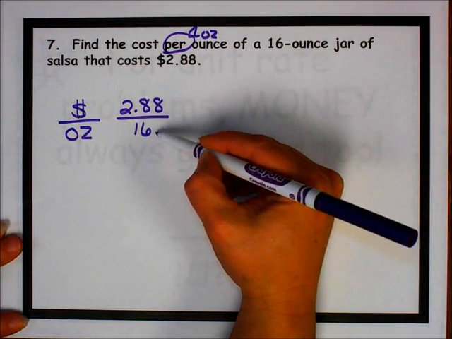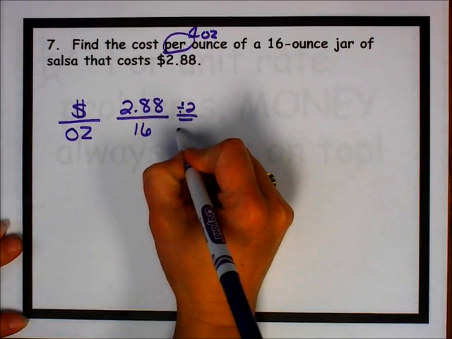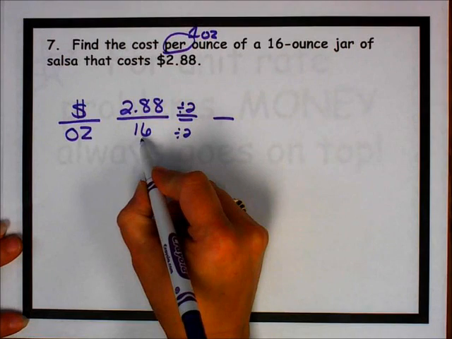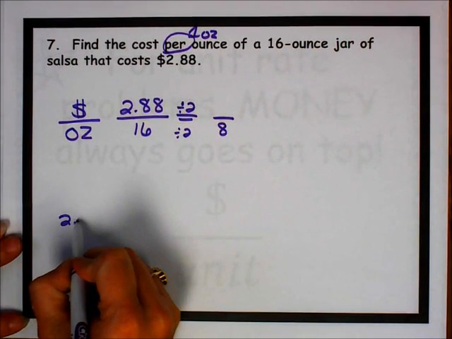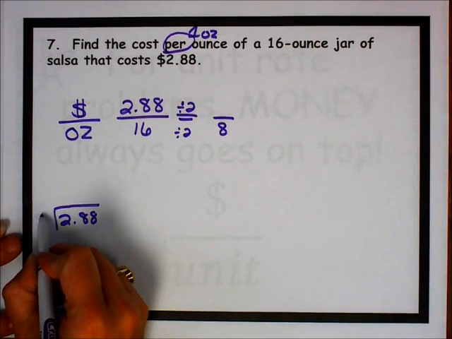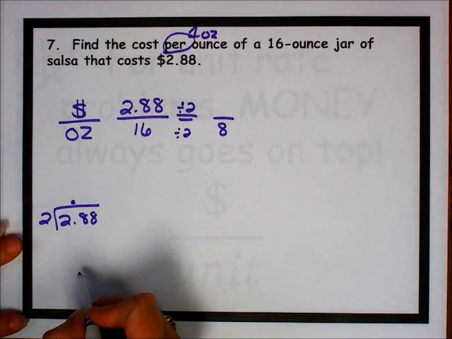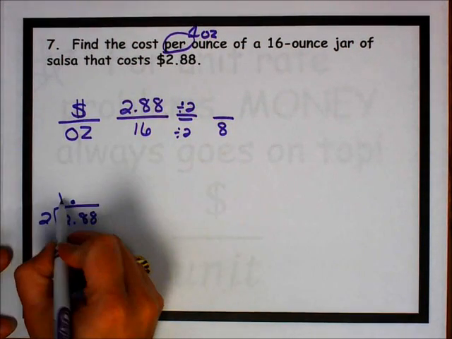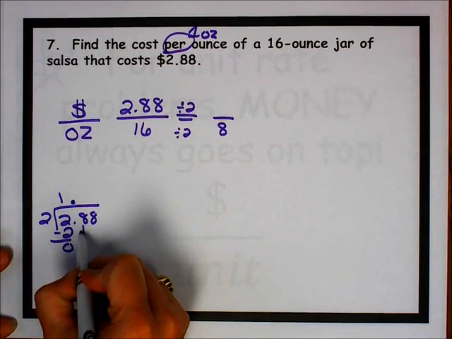So I notice that both of my numbers are even. So I'm going to divide by 2. I know that 16 divided by 2 is 8. I'm going to come to the margin of my paper and divide $2.88 by 2. Remember to bring your decimal straight up. 2 divides into 2 one time with none left over.